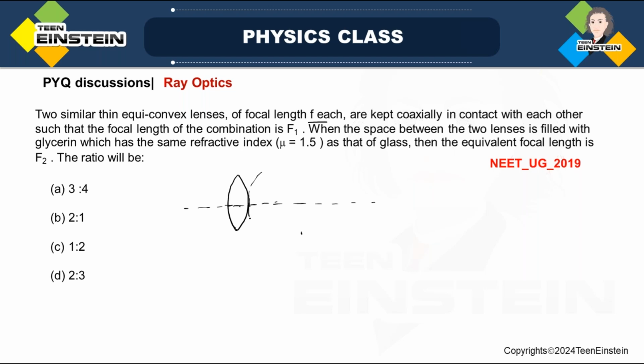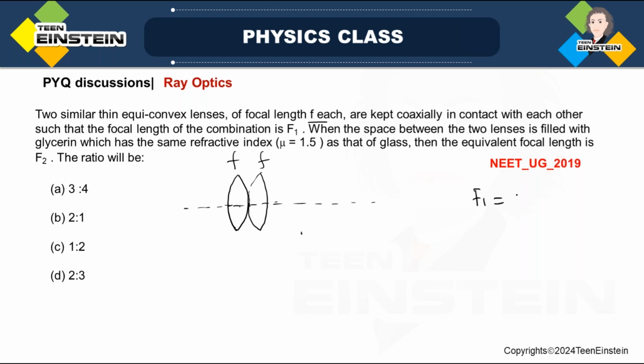So I have another lens like this. Both of them are having the same focal length f and f. They're kept coaxially, such that the focal length of the combination will be f1. So that is how much?